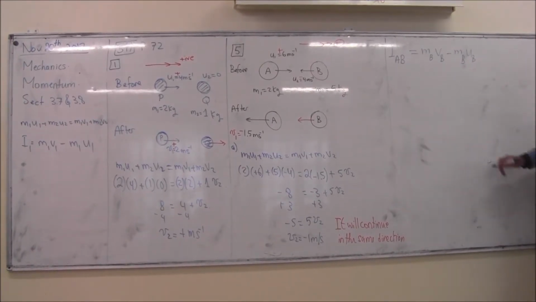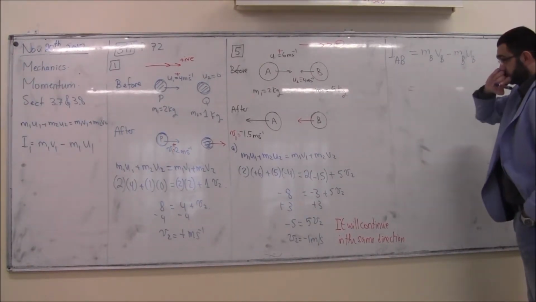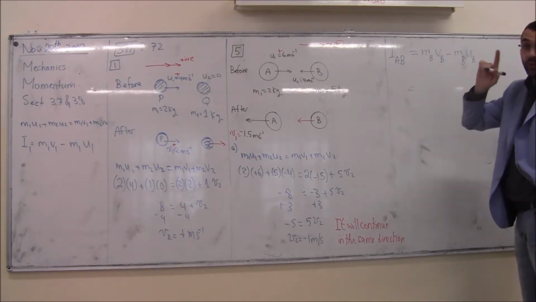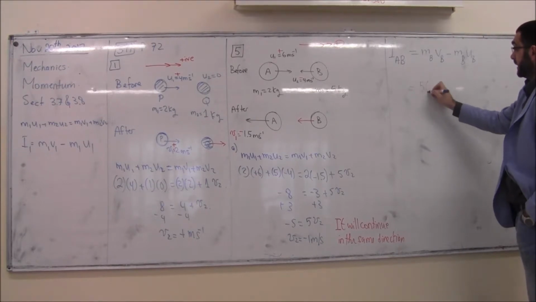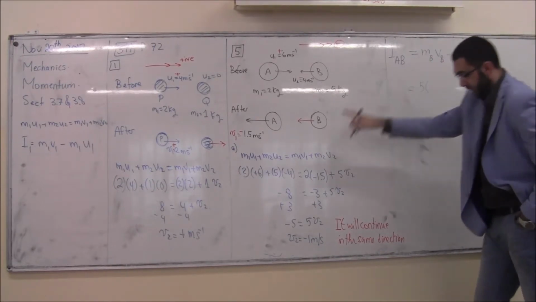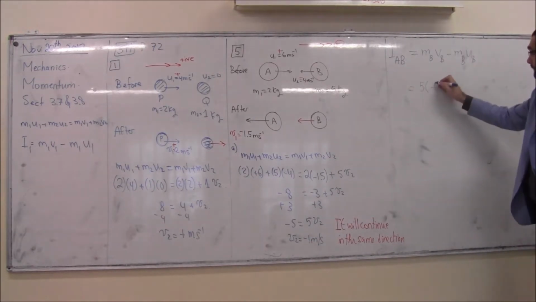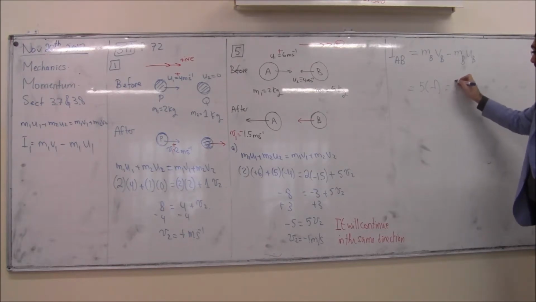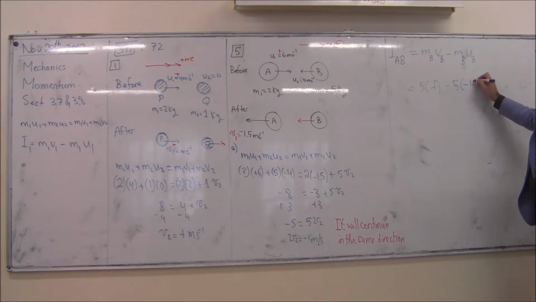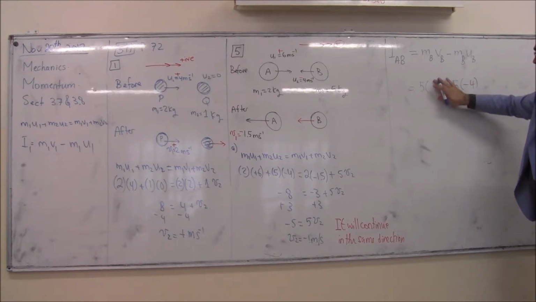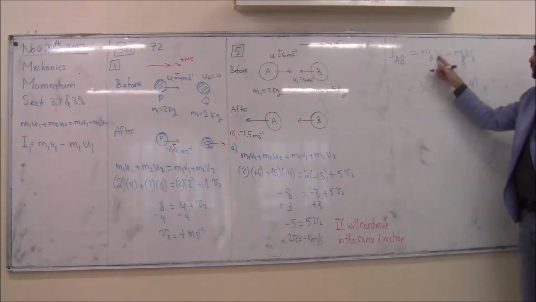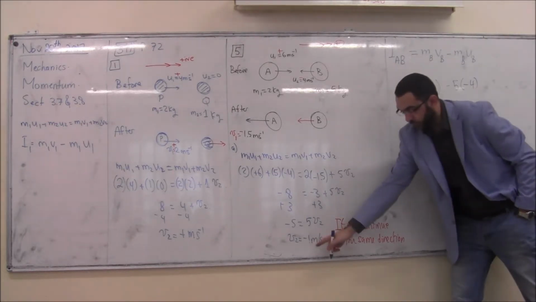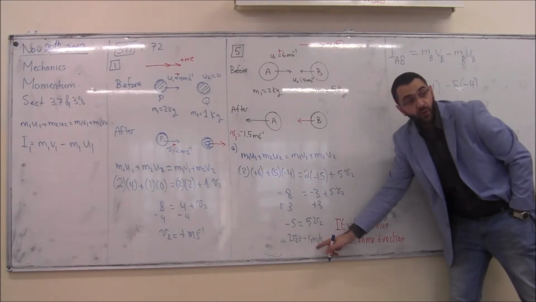So what do I have to do? For B, the mass is 5, final velocity of B is minus 1, so 5 times minus 1, minus 5 times minus 4. After, V is minus 1, right?